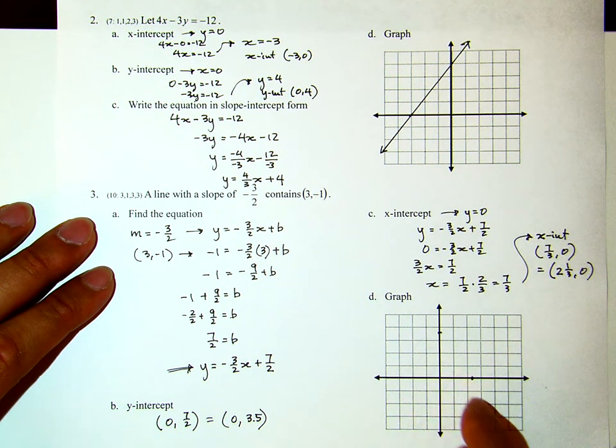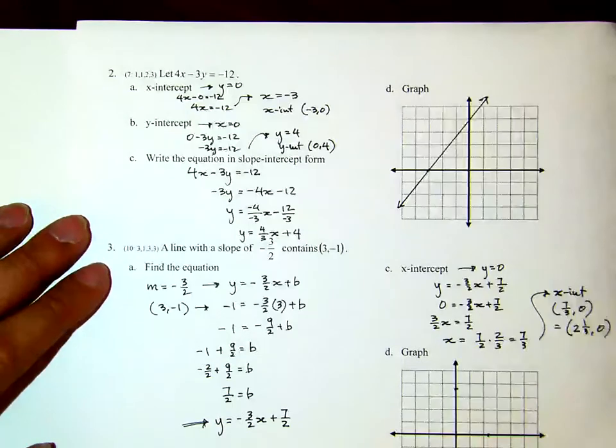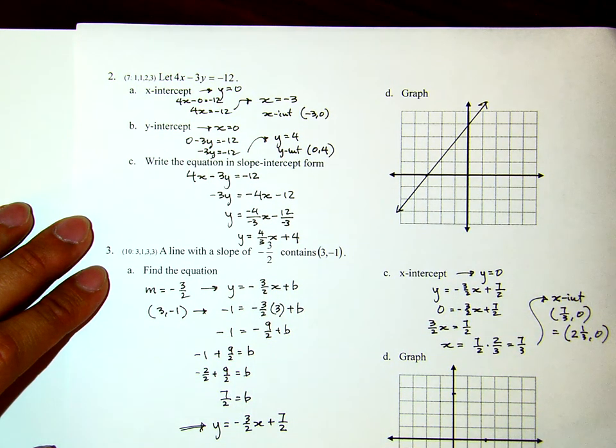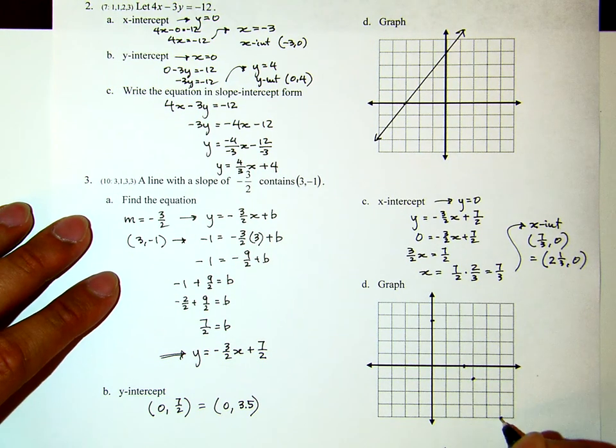But notice that both of these coordinates are not reliable coordinates to use to graph a line. We need to go back to the original situation. It contains 3 comma negative 1, this one here. And then the slope is negative 3 over 2, which means I go down 3, run 2. This is the other coordinate.